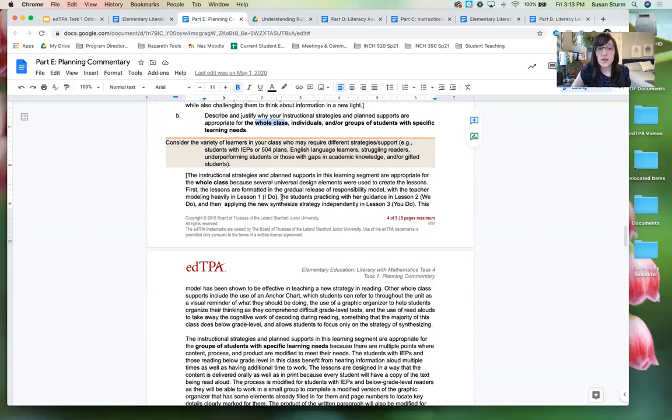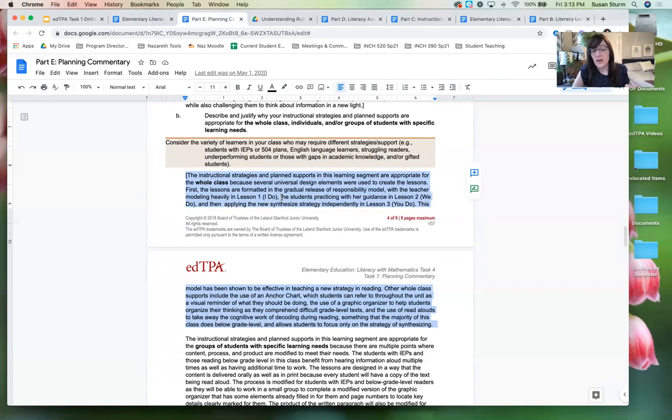So first, start with your whole class. These are your universal supports that you have planned for everyone in your class. This is the universal design. What did you do? You are all planning the gradual release of responsibility, which is shown by research to be effective in gradually releasing responsibility to your students till eventually they can independently do the task.